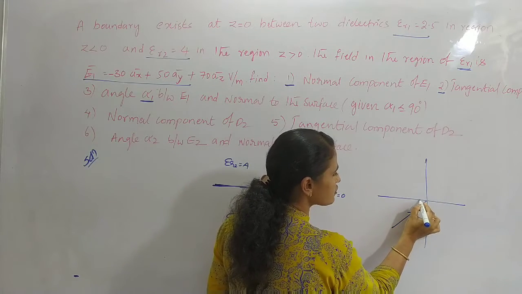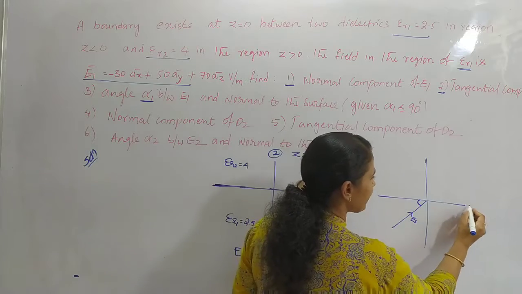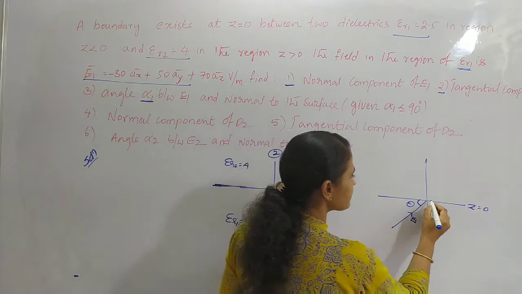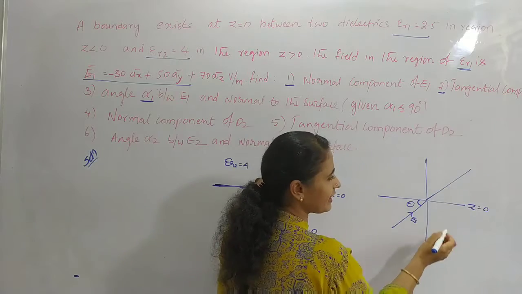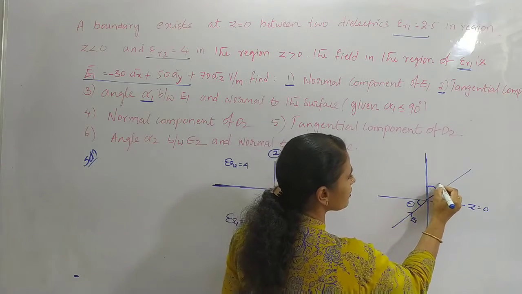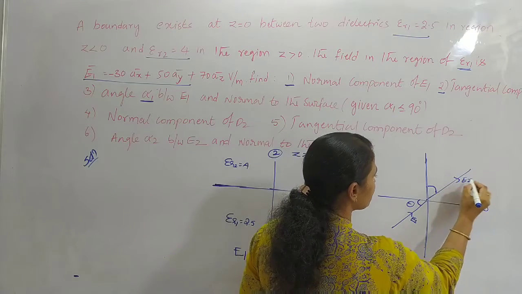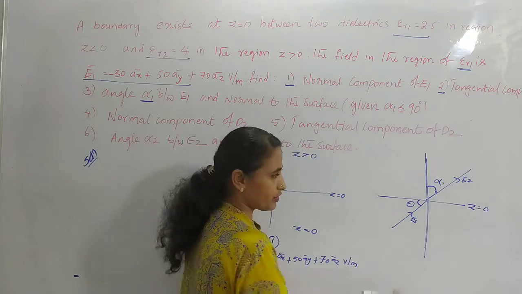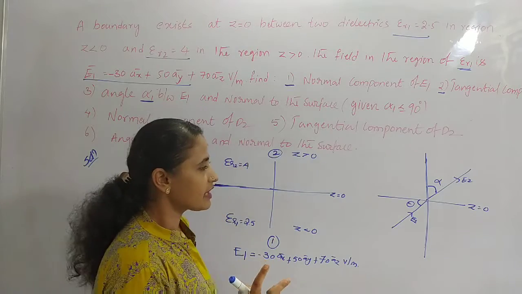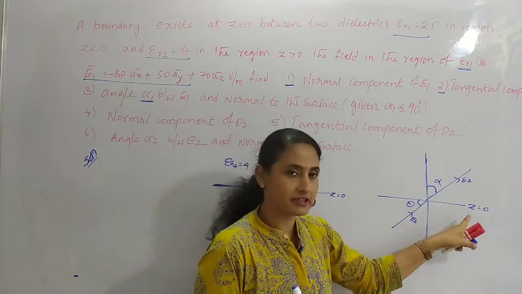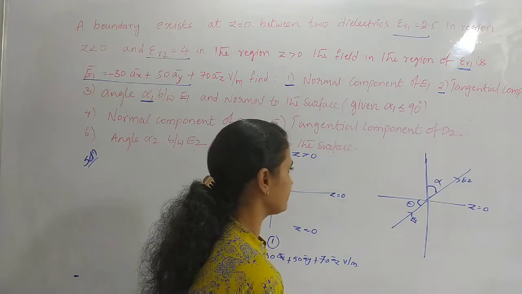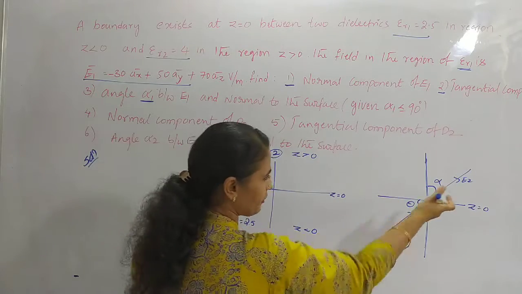They may ask to find the angle with respect to the interface or the boundary line, or sometimes they will ask to find the angle between the electric field and the normal to the surface. Let this be alpha 1 or alpha 2, whatever it is. So, they may be asking two types of angles: the angle with respect to the interface, or the angle with respect to the normal to the z plane, that is, the normal to the boundary.